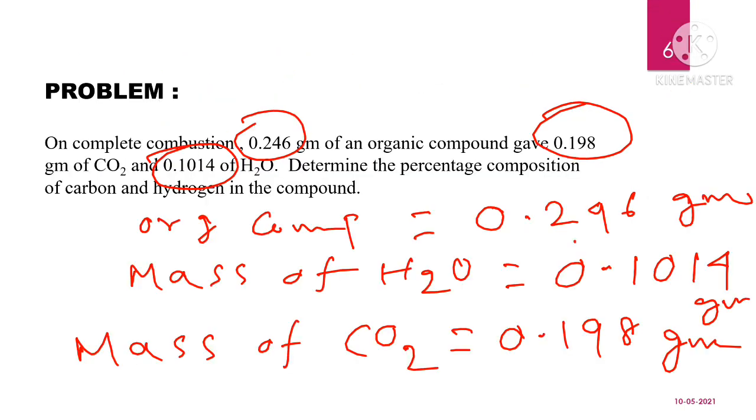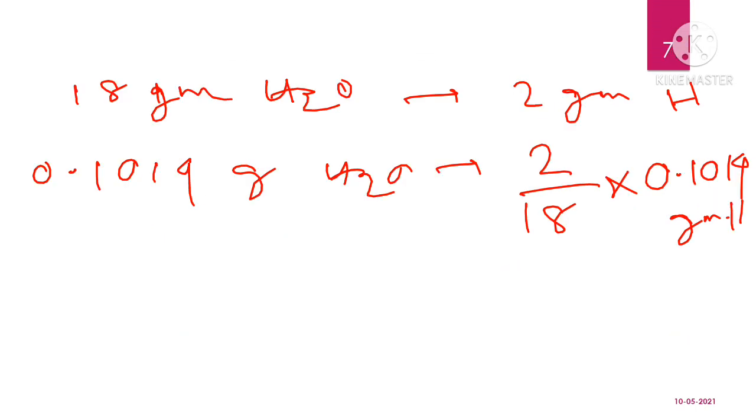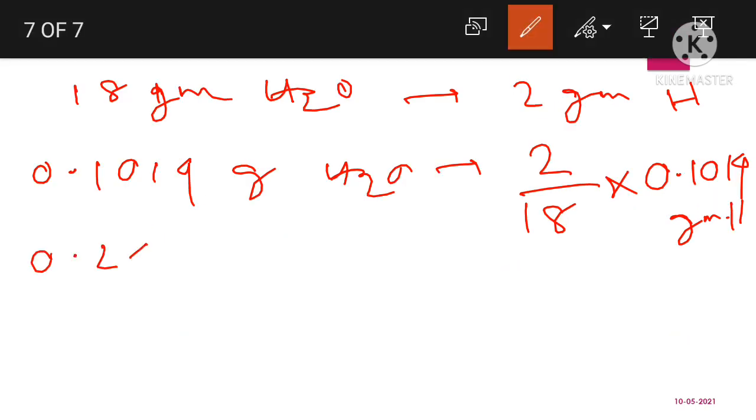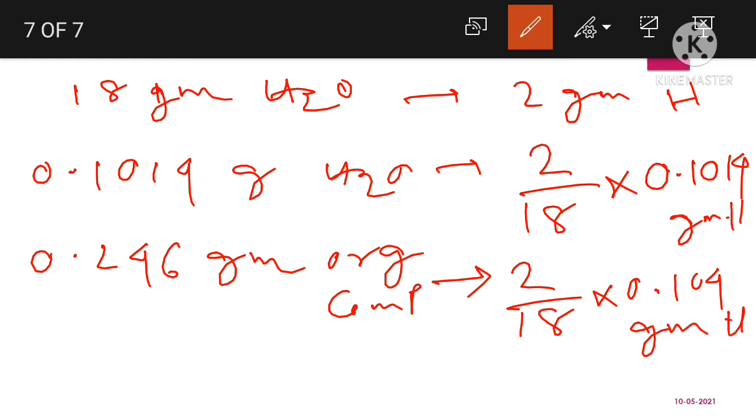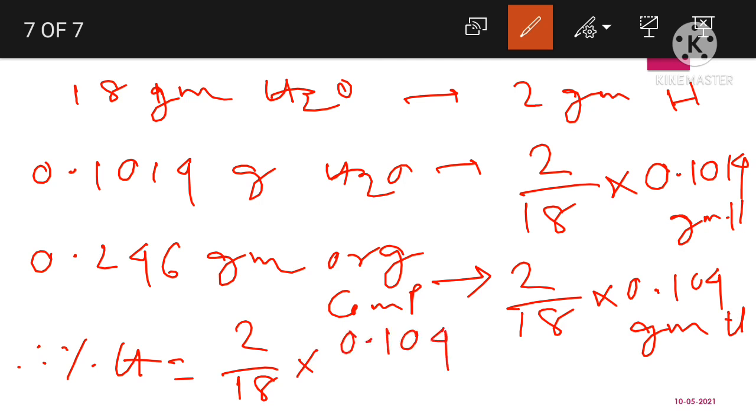Now the organic compound has the mass 0.246, so 0.246 gram of organic compound has this much gram of hydrogen. Therefore the percentage of hydrogen is, for 100 gram of compound, 2 by 18 into 0.1014 divided by 0.246 into 100.